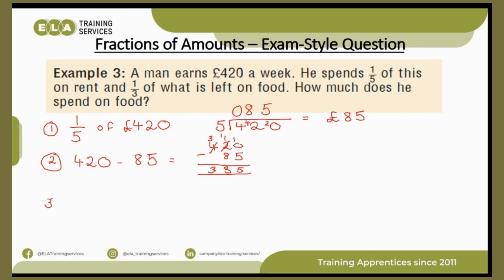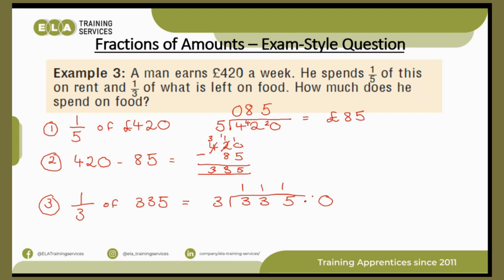We then do 1/3 of 335, which equals 3 into 335. 1 into 3 is 1, 3 into 3 is 1, 3 into 5 is once, and then we're going to end up with a decimal, guys.